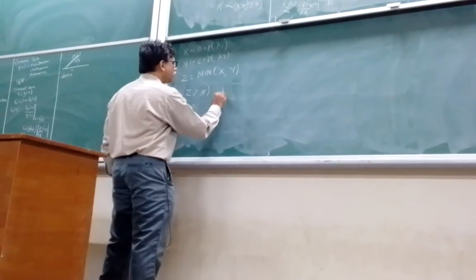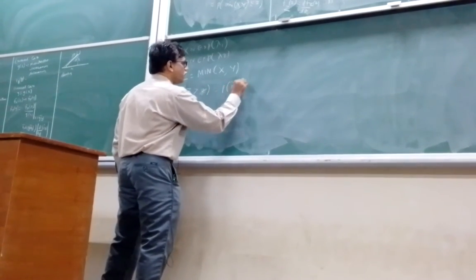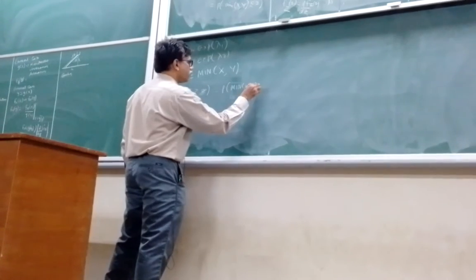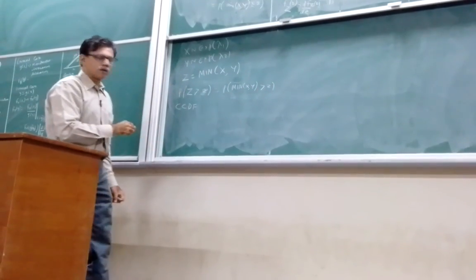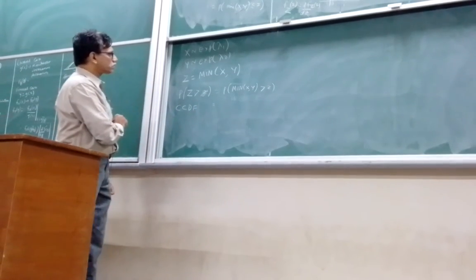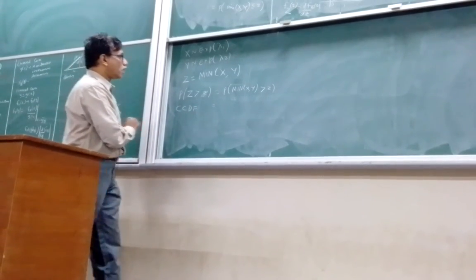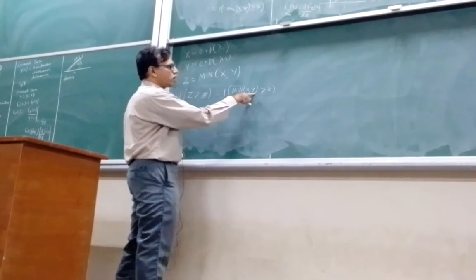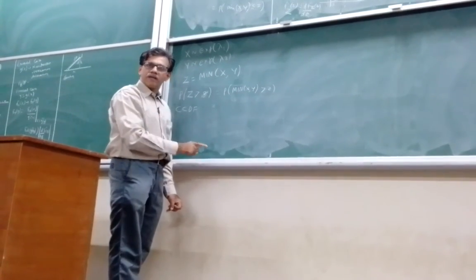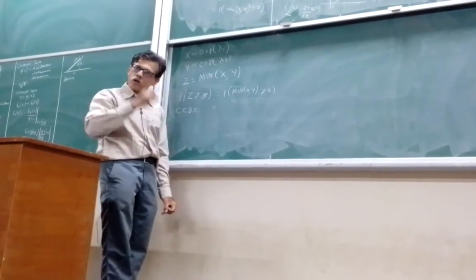So what does it mean? The probability that the minimum of X comma Y is greater than z. So what does that mean? The minimum of X and Y has to be greater than z. X should also be greater than z, Y should also be greater than z.